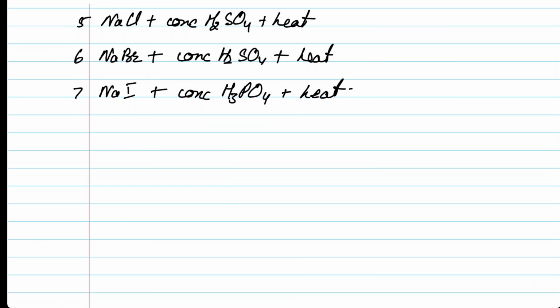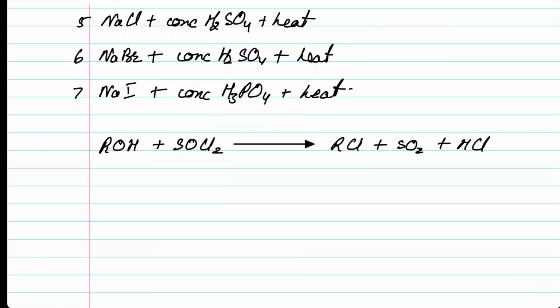One of those reagents is thionyl chloride. If we have alcohol and we react with SOCl2, this SOCl2 is going to convert the alcohol into RCl along with SO2 along with HCl. The important thing about this reaction is that this does not proceed through the formation of carbocation.